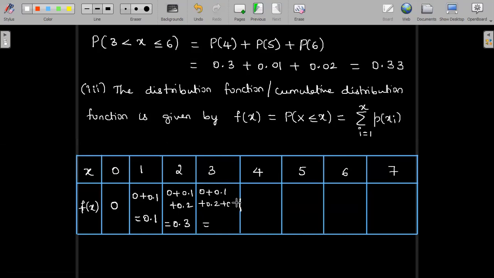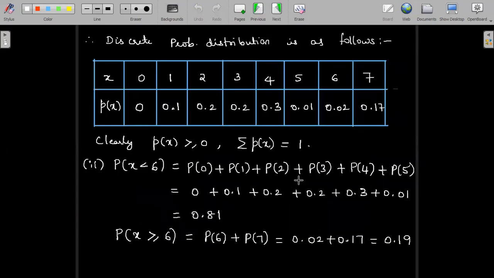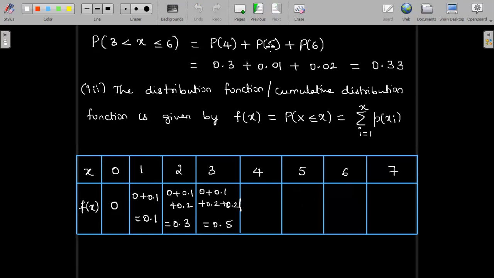So 0 plus 0.1 plus 0.2 quickly is equal to 0.5. So previous value plus the probability of the next value. Like that we can also manage now. The previous value just obtained is 0.5 plus the probability of x equal to 4, which is 0.3. So this is 0.8.